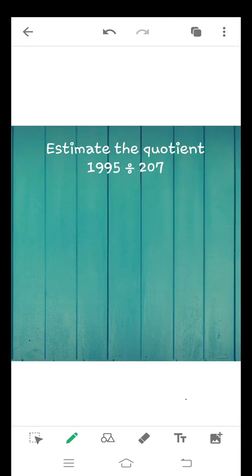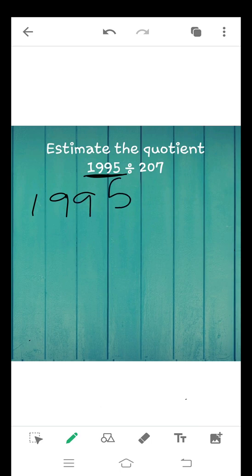Estimate the quotient. In this question it is not given whether we have to estimate to the 100, tens or 1000. So we will estimate according to the number. Here it is 1995. So we will estimate it to the nearest 1000.